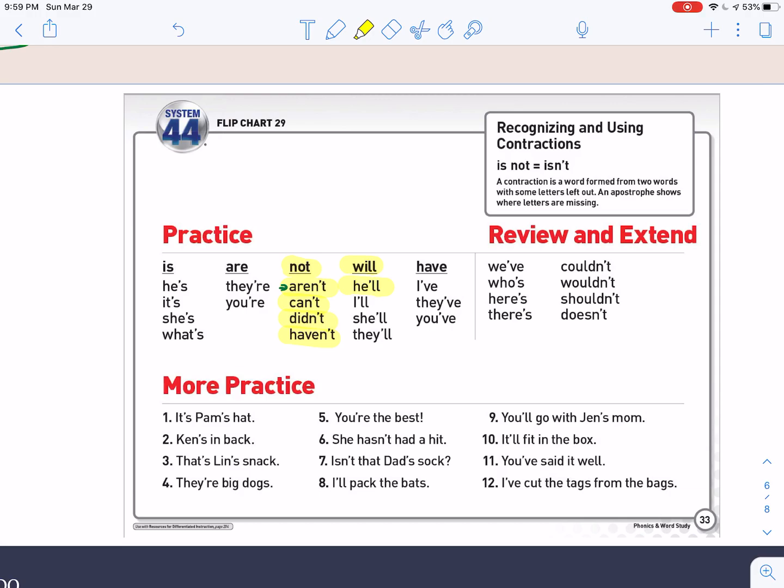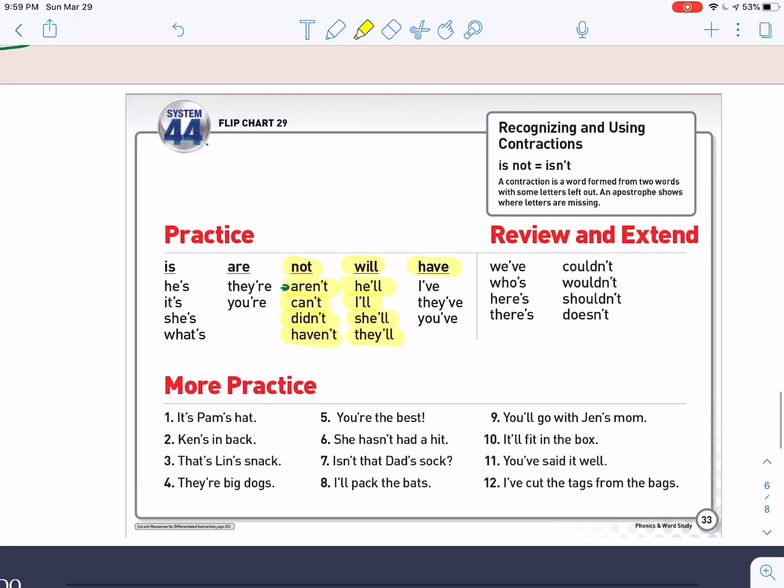He'll, he will, I'll, I will, she'll, she will, they'll, they will. Great job. Now let's do the haves. I've, I have, they've, they have, you've, you have.